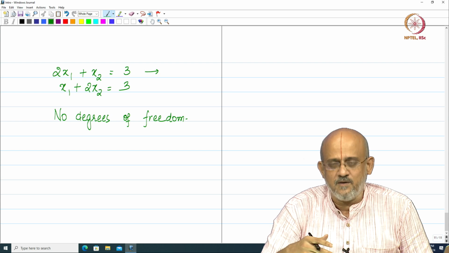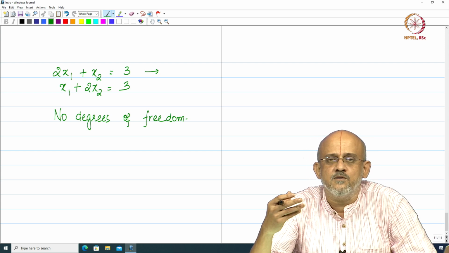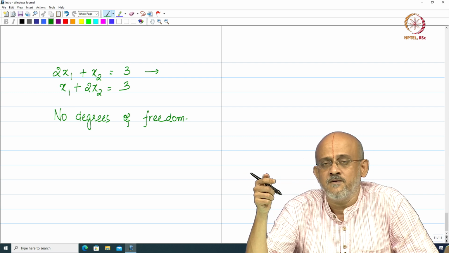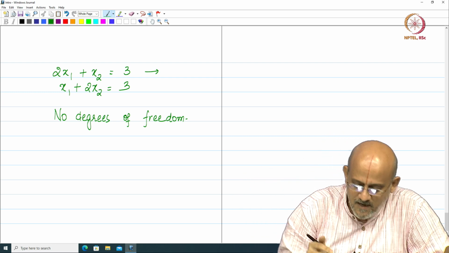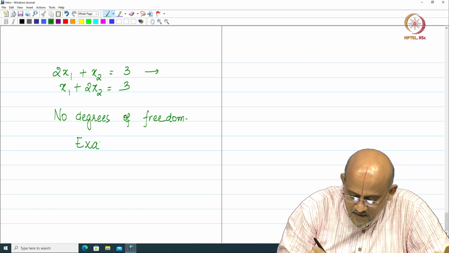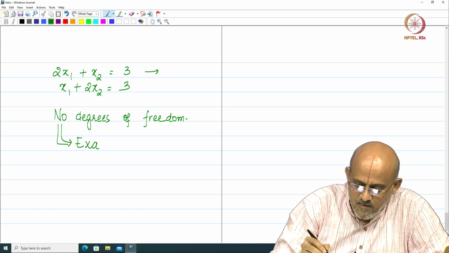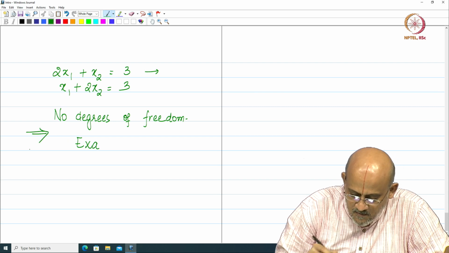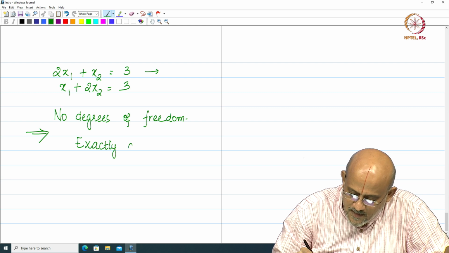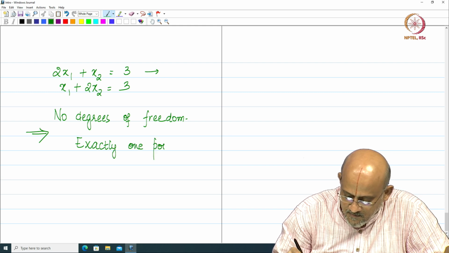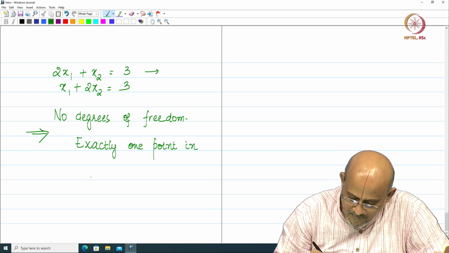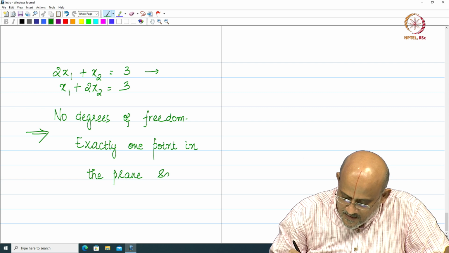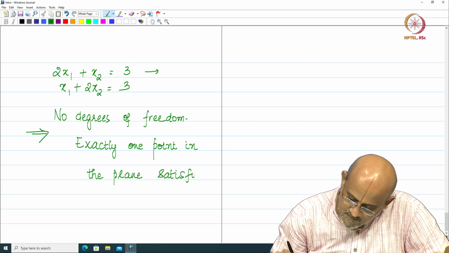Which means when you have two variables or two unknowns and you add two constraints, there is a chance that you lose both the degrees of freedom, which means you have exactly one point which will satisfy. This implies exactly one point in the plane satisfies both the constraints.